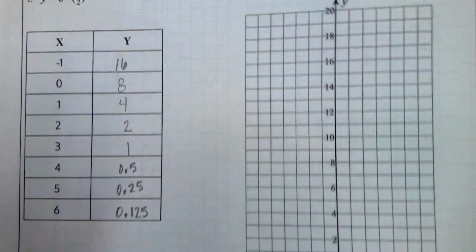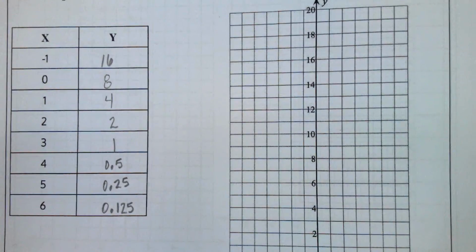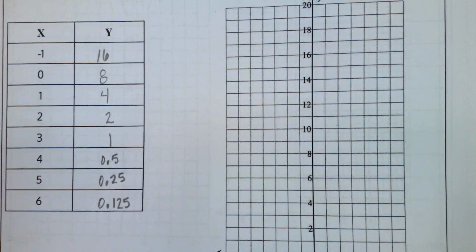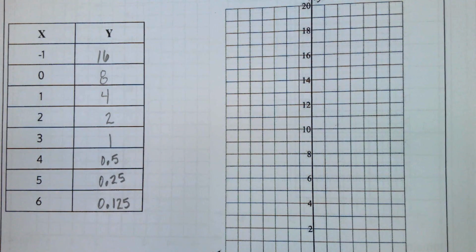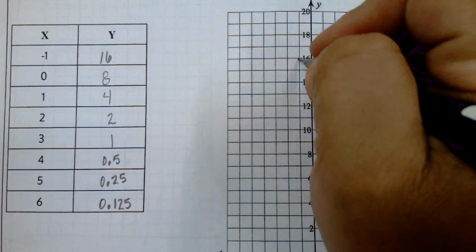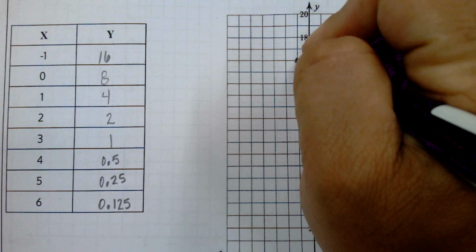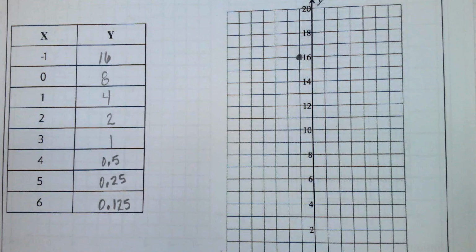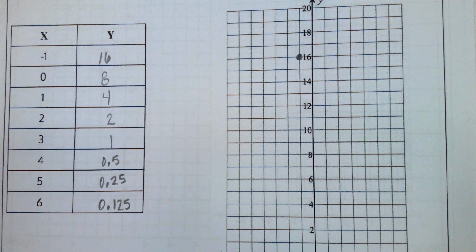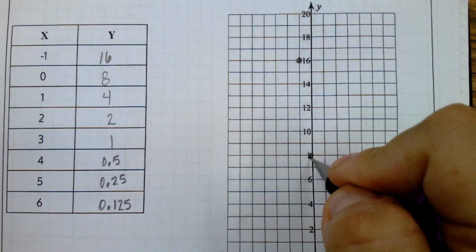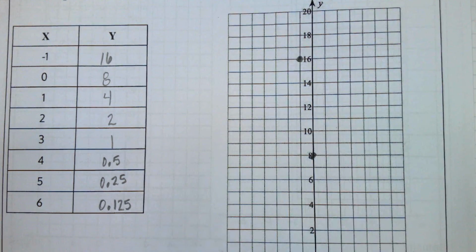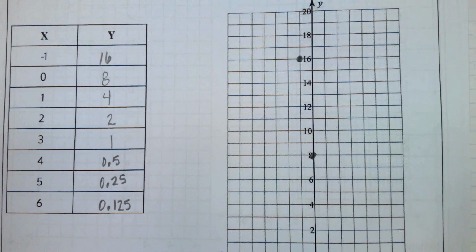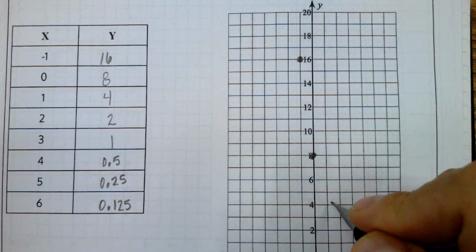So now let's go ahead and graph this. So if we have these numbers, we want -1, 16. I tend to make the points nice and big on these, so it's a good target to hit as I'm making my graph. Some of them could be pretty steep. Remember, they call this the hockey stick function. 0 has to be at 8. Then we have 1 is at 4.